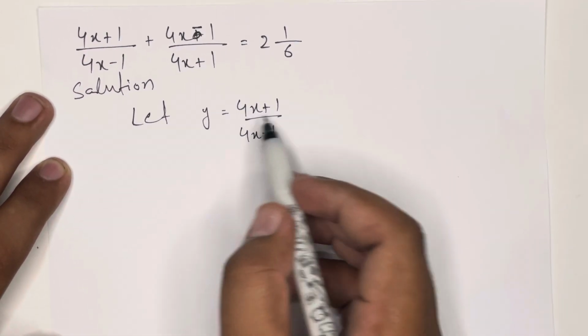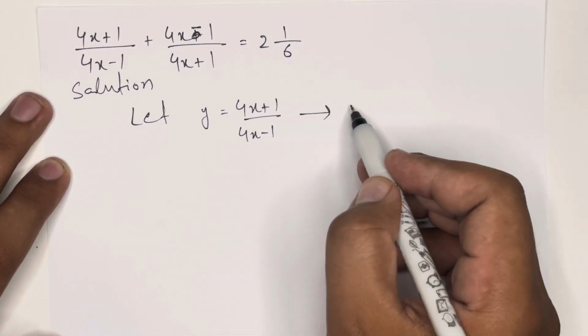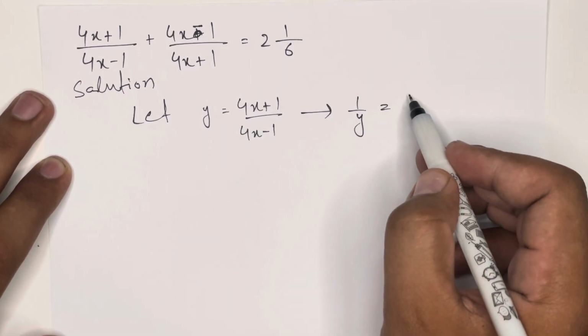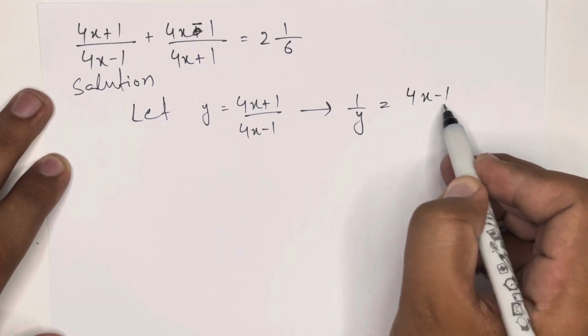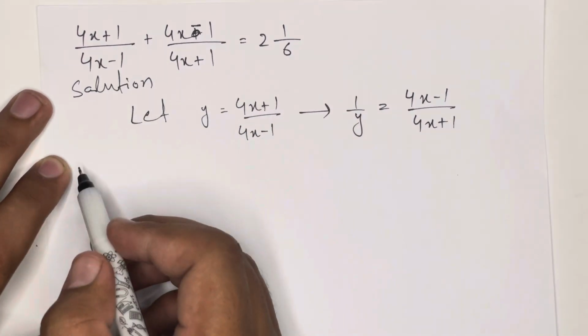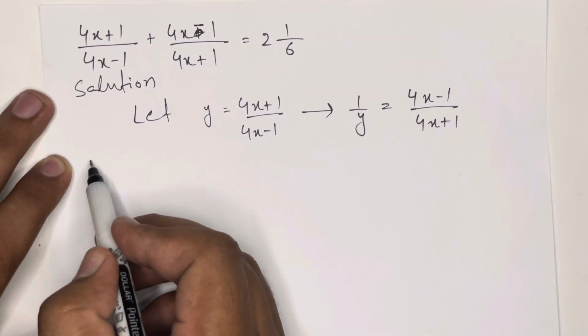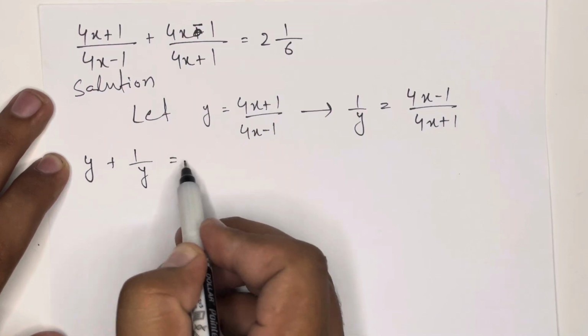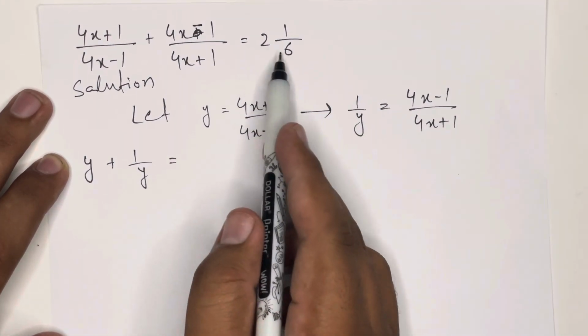As I took the let, I can write this other term as 1 over y. So I am writing y plus 1 over y.